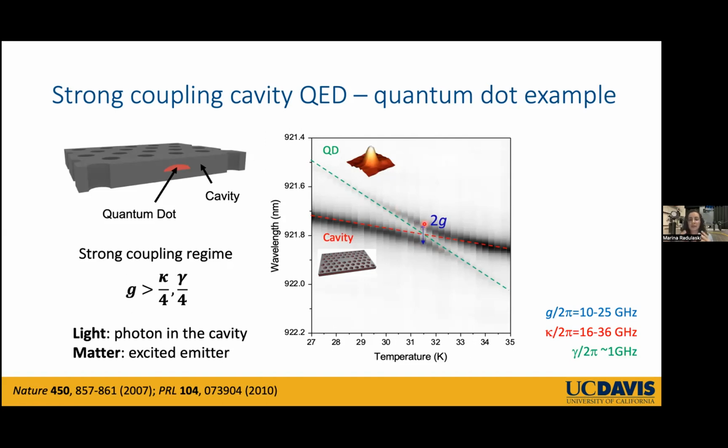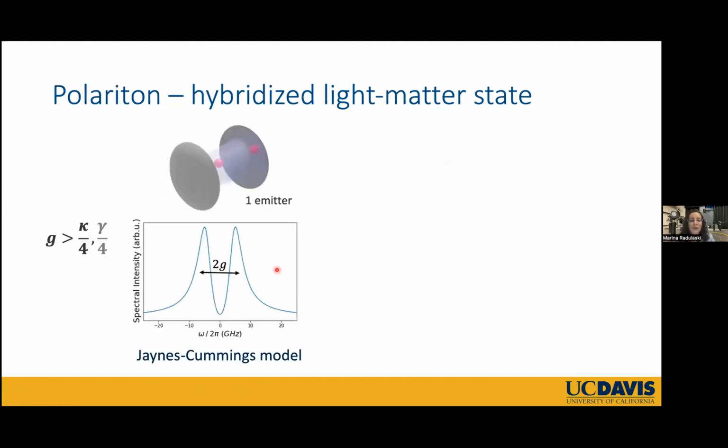This means that the state of the system is quantum hybridized to be part photon in the cavity, which is the phase of light, and the excited emitter, which is the phase of matter. If we look into the transmission, we will see two polariton peaks, which are the superposition of light and matter, split by 2g. And this model is described by the Jaynes-Cummings model, which is one emitter in one cavity.